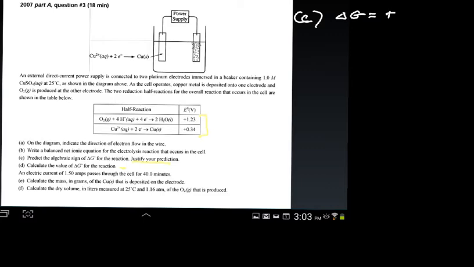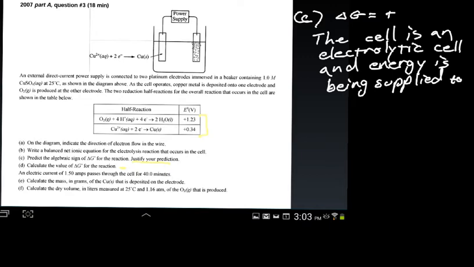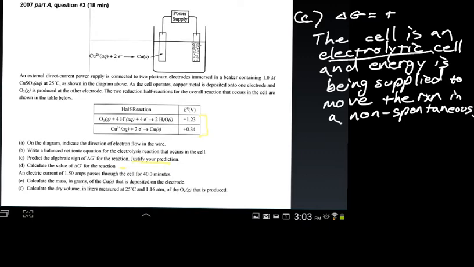And your evidence for that is the cell is an electrolytic cell, and energy is being supplied to move the reaction in a non-spontaneous direction. I'm sure you can find a shorter way to do that, but the piece of evidence here is that it's an electrolytic cell.